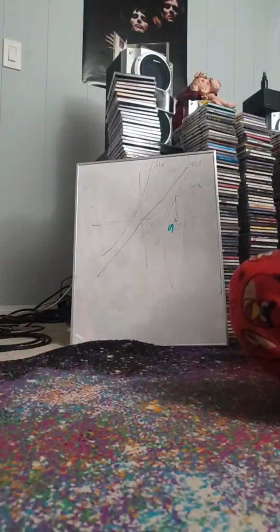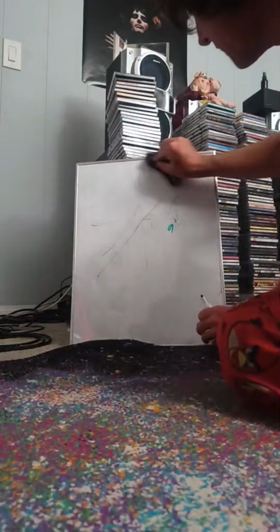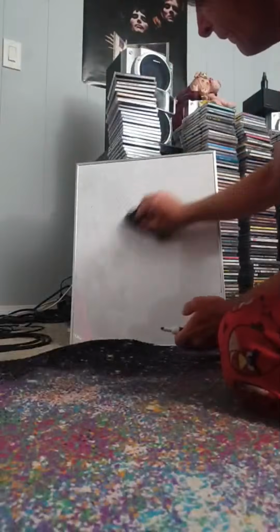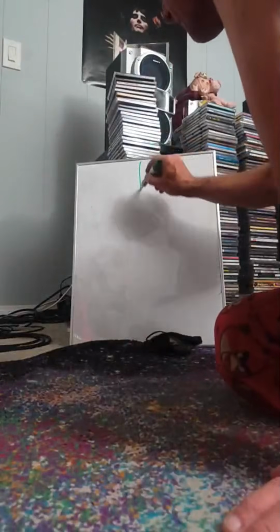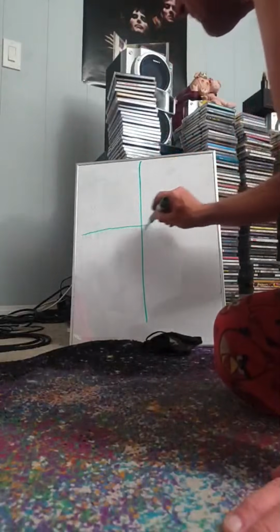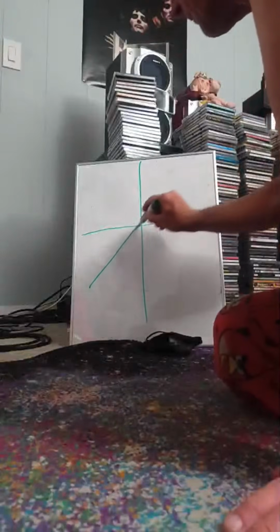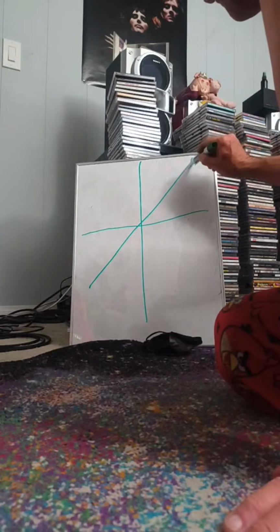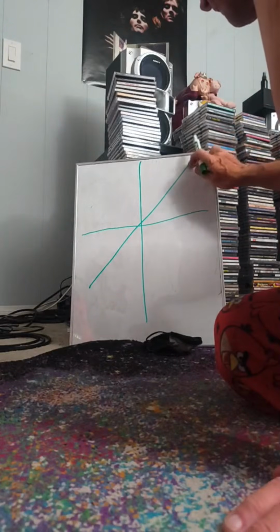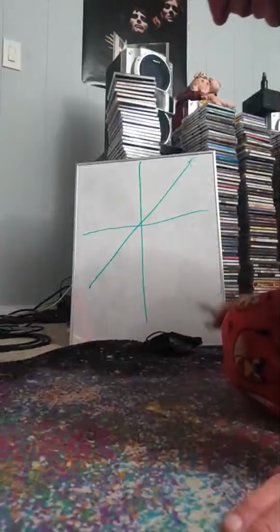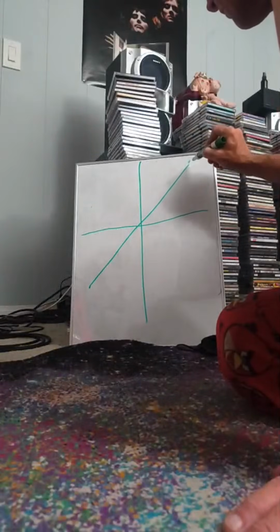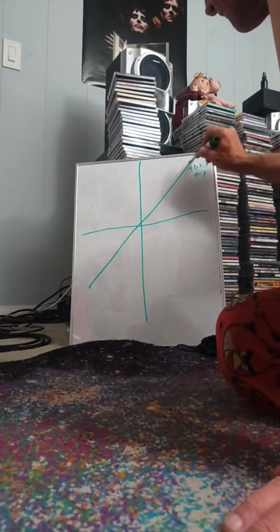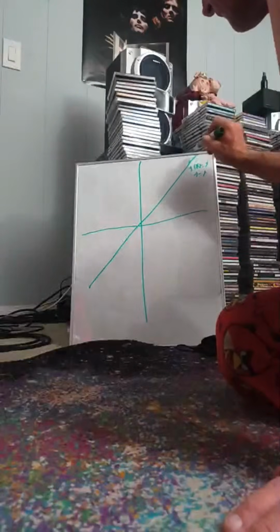So let's just start the drawing over because this pen actually works. All right. So I have x and y. The line y equals x. I didn't even draw that right, but f of x, no. Wait, yeah. It's a line right here.